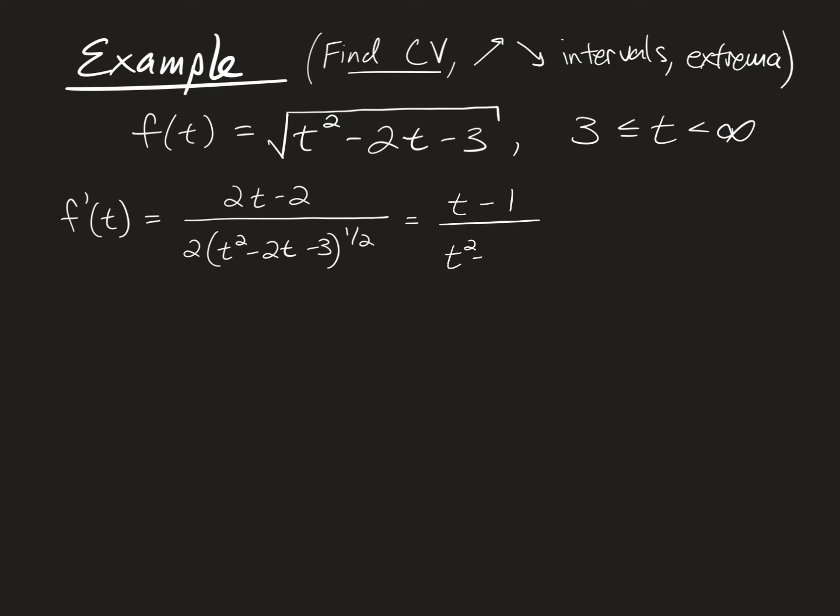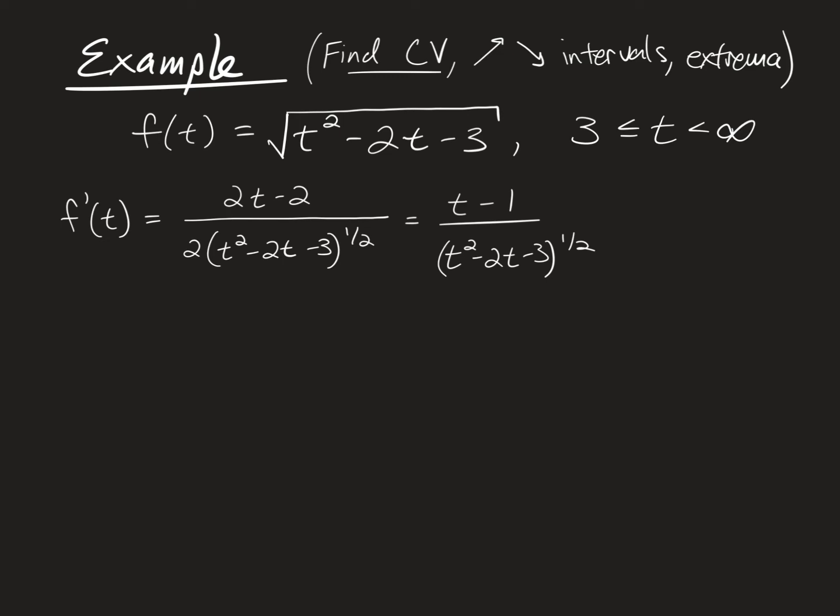T squared minus 2t minus 3 to the 1/2 power. There's a chain rule here. The square root is the same as a 1/2 power, so you can see there's a 1 here over 2 times the derivative of the square root would be a negative 1/2 power, that's why it's in the bottom, times the derivative of the inside function, which is 2t minus 2.